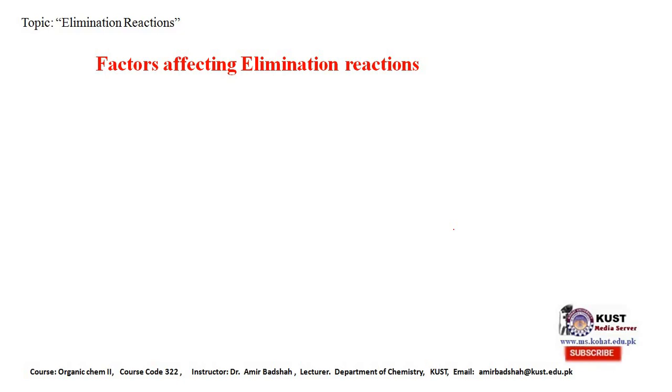Now we are coming to the factors which affect the rate of the reaction, E1 or E2. In some cases some factors favor SN1, some favor E1, some favor SN2. What are those factors?